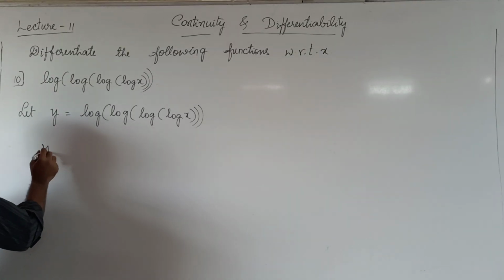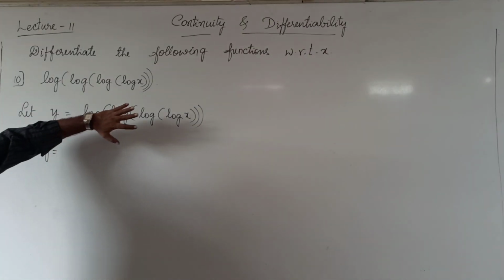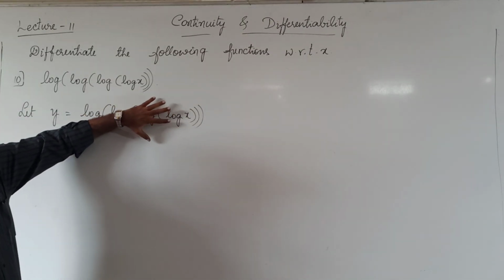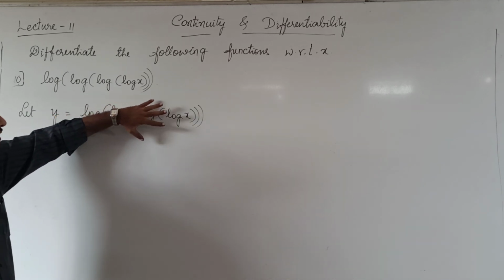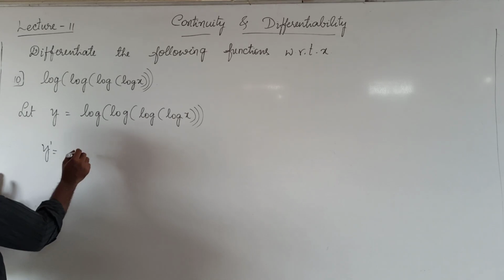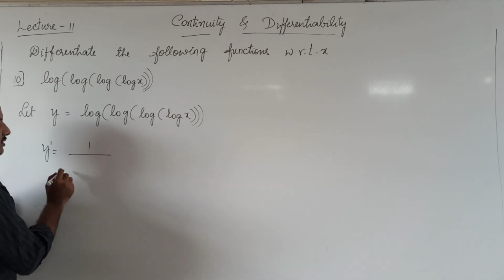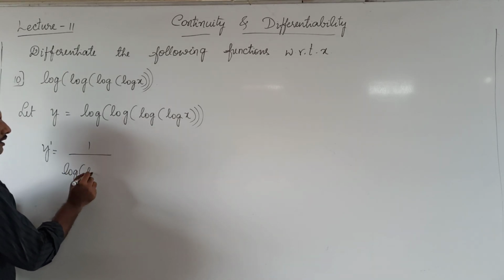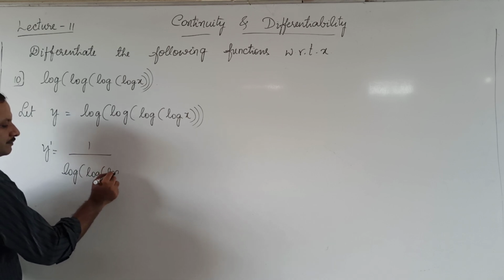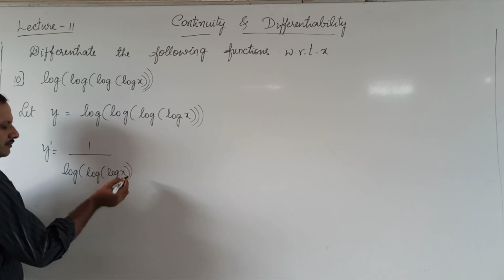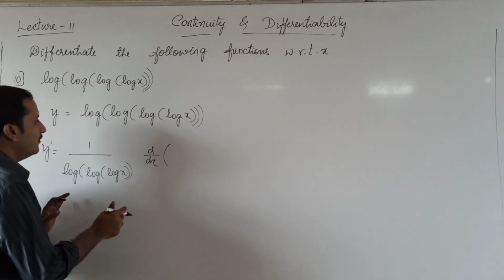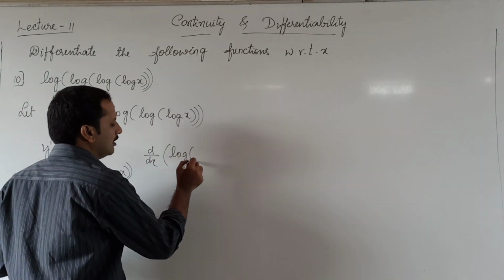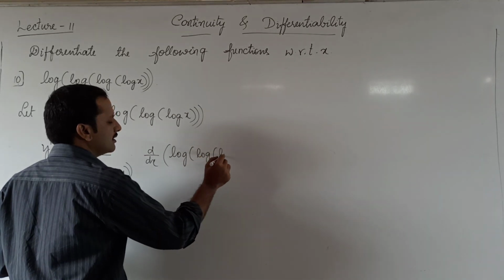Now y dash is equal. You treat this as log of something, so log x, right? So derivative of log x is 1 by x. That means you get that 1 by x, in place of x we have log x, into derivative of this factor, derivative of log x.